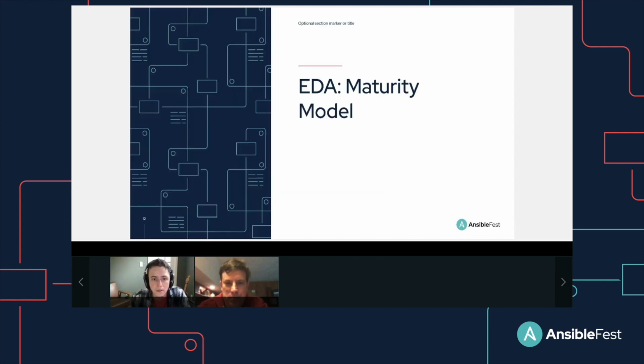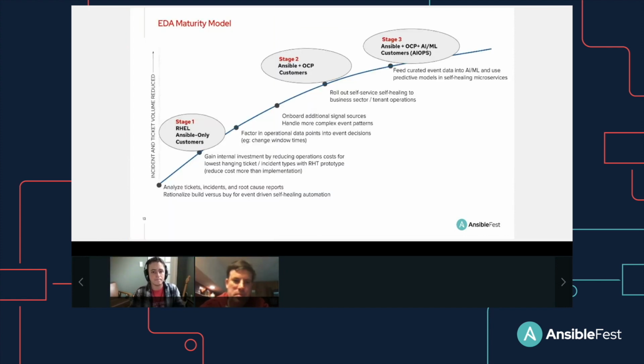So what I wanted to talk about now is the maturity model for event-driven automation. This is really just a model to take a step back and look at where you think your organization is, whether you're still doing things completely manually, or have some Ansible playbooks or automation to remediate issues, or whether you're already doing some sort of self-healing solution.